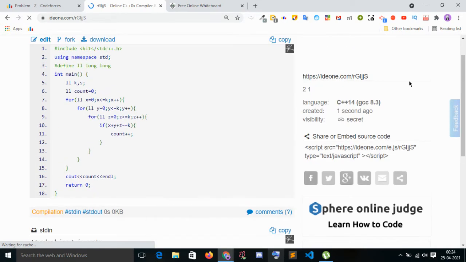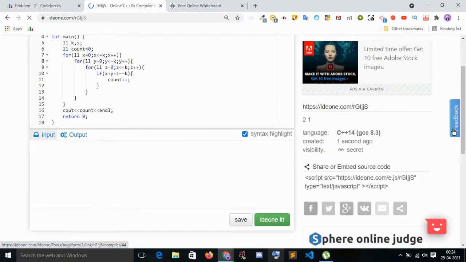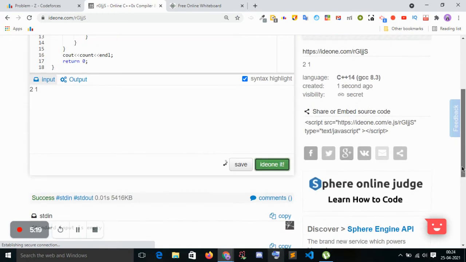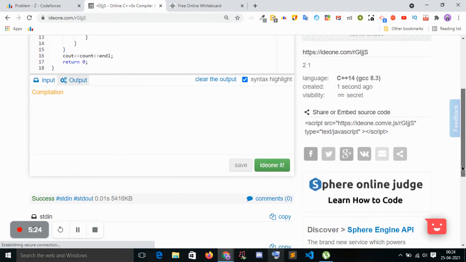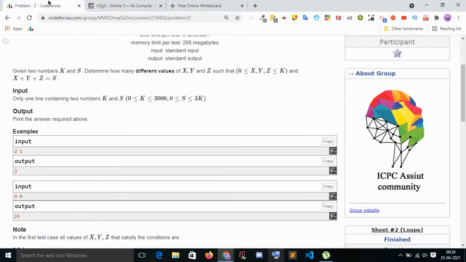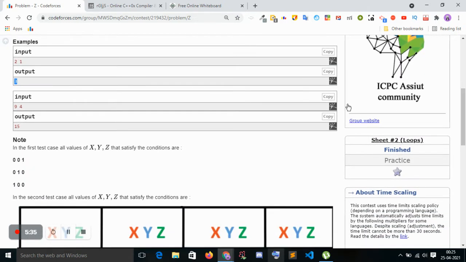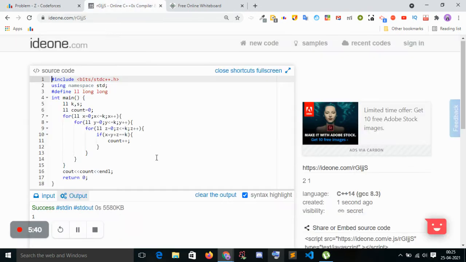We are not getting the correct output, 2, 1 should give 3. Let's see: it should be x plus y plus z equal not to k, it should be equal to s. This was my problem.